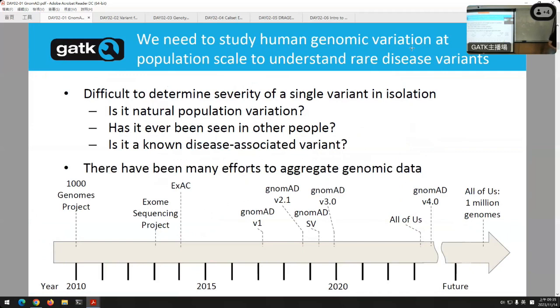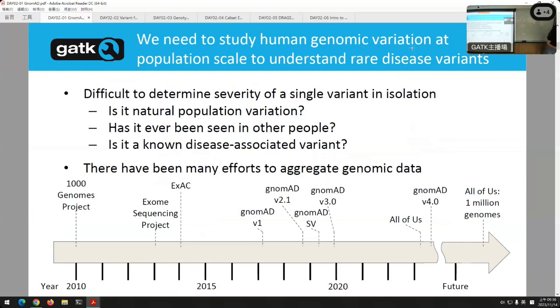And is this variant potentially disease causing? It's hard to know that if you are just looking at a single variant in isolation. But we can start to answer those questions if we look at the genomes of many humans at once.